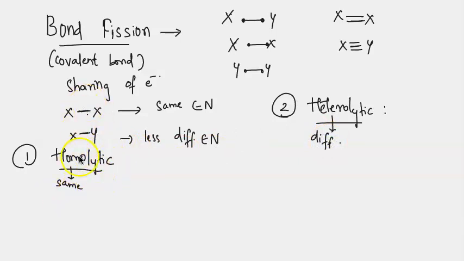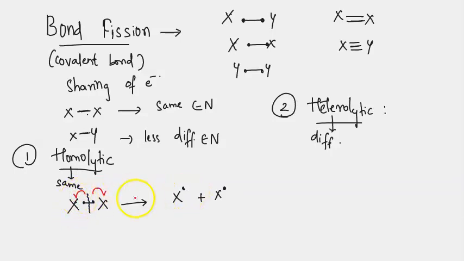When the same atoms form a bond, for example X is an element and another X is the same element, and they form a bond by sharing equal electrons, if the bond between these two is broken, it results in the formation of free radicals. That means the electrons shared between X and X are equally distributed again after being cleaved.